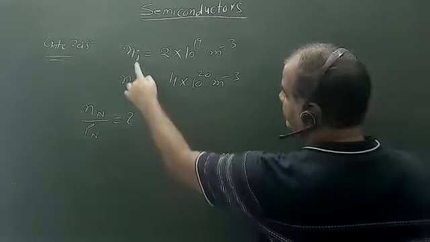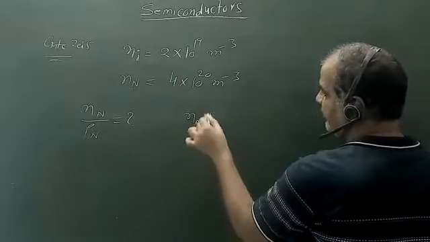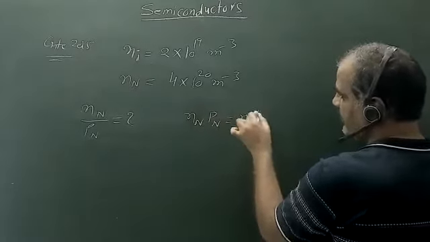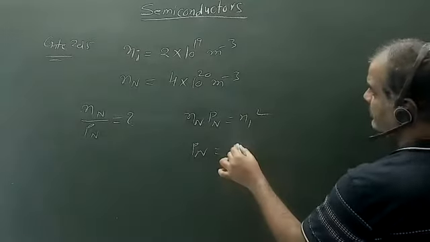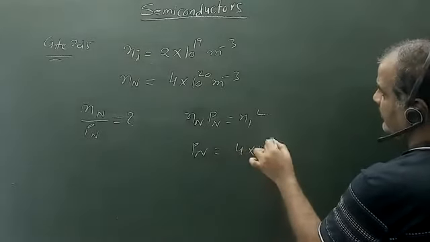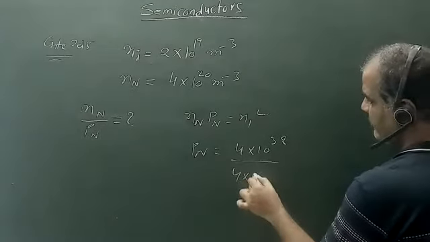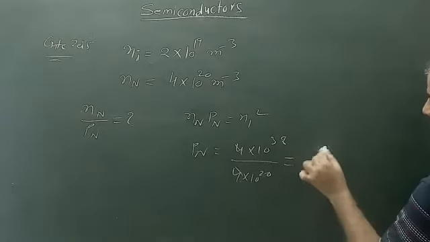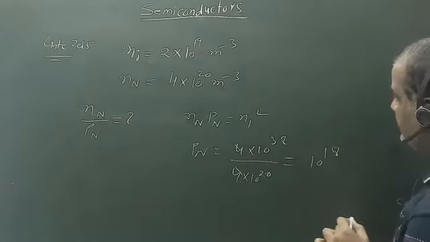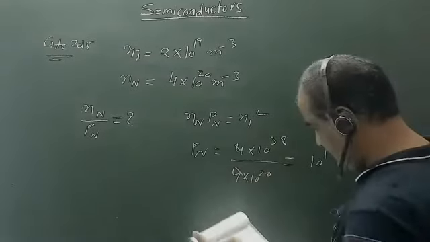So we know that nn pn is equal to ni square. So ni square is 4 × 10⁻38, and nn is given 4 × 10⁻20. This will give me pn 10⁻18.